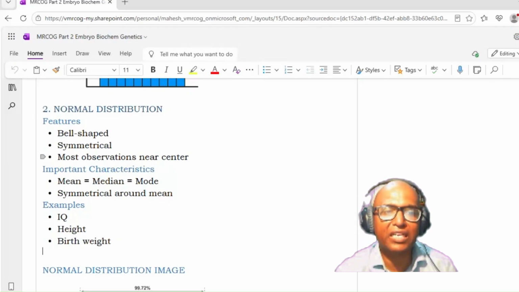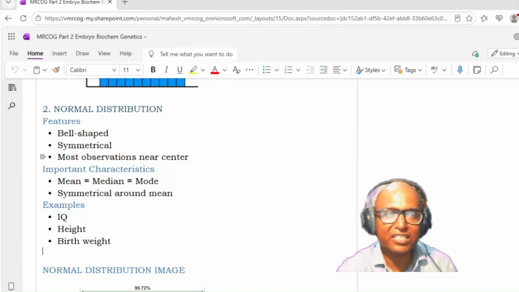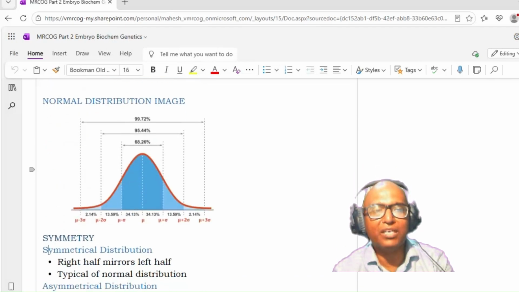It is symmetrical around the mean. Examples are IQ, height, birth weight. You should know these characteristics: bell-shaped, symmetrical, most observations near the center, mean equals median equals mode, and symmetrical around the mean.